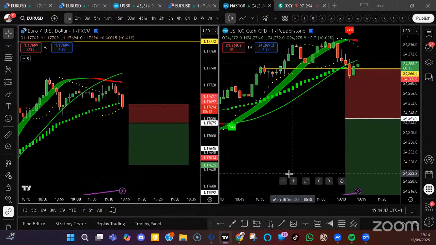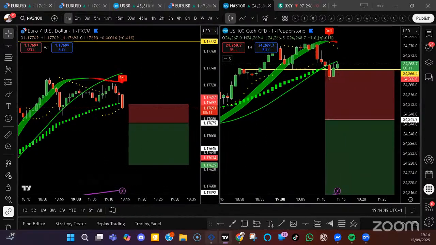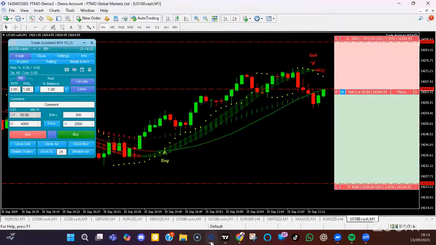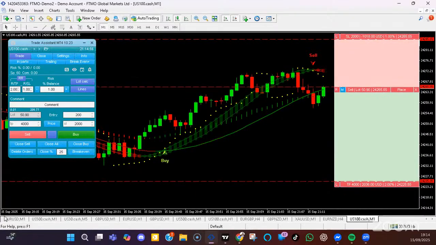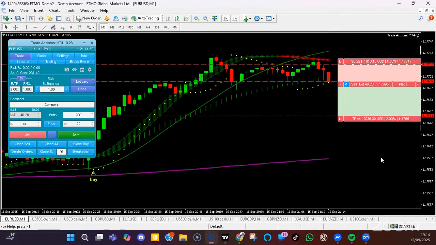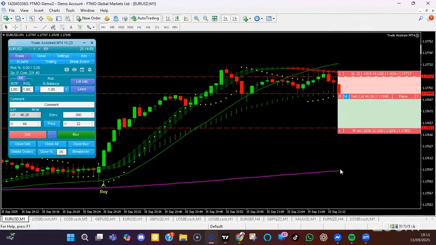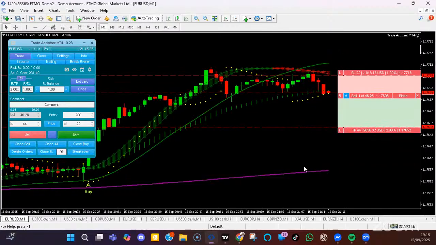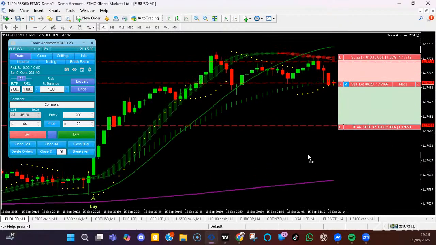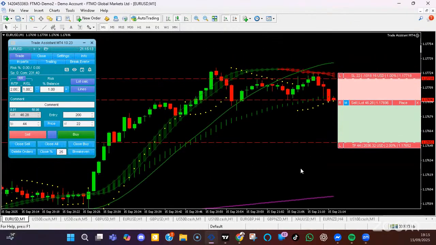We've got a sell alert on the EUR USD. So I'll switch allegiances at the moment and go onto the EUR USD. Well, we had a sell alert on TradingView, but on my MT4, we haven't got the sell alert yet because the streams are slightly different. But we could get there eventually.